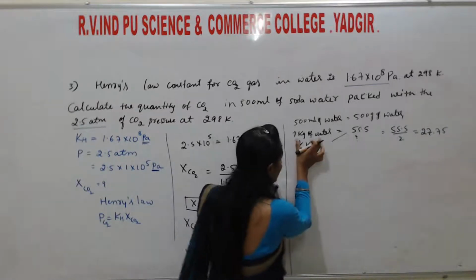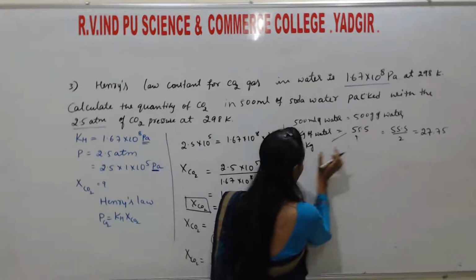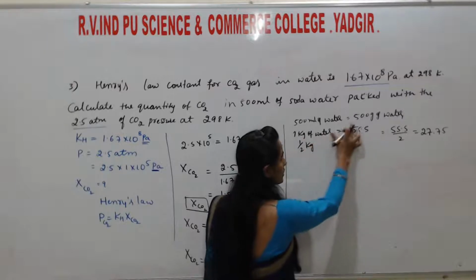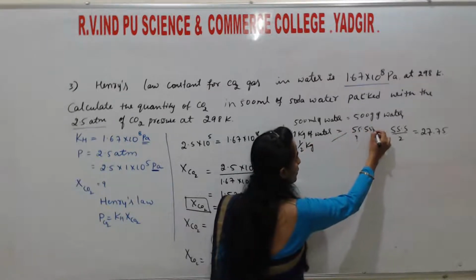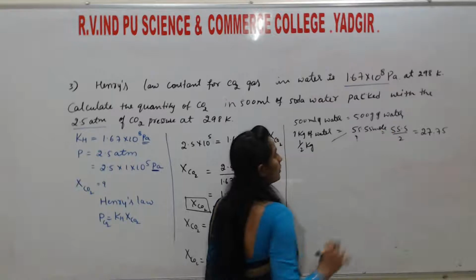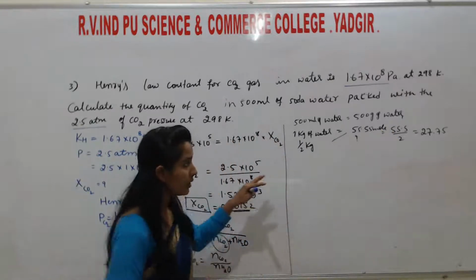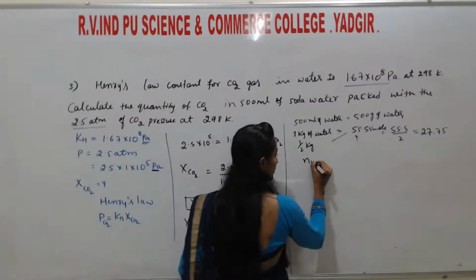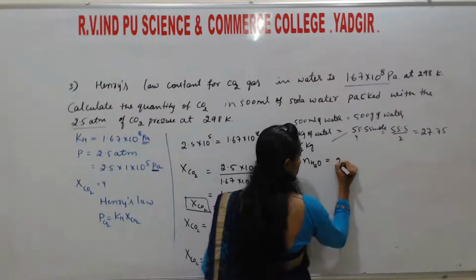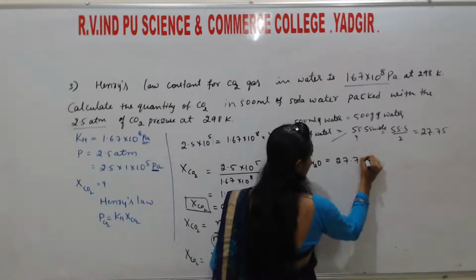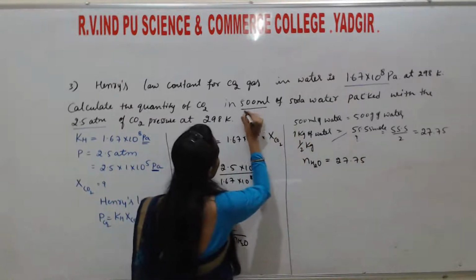You can easily calculate: 1 kg is 55.5 moles, so for half kg, how much? Like that. So N of H2O is equal to 27.75 for 500 ml.